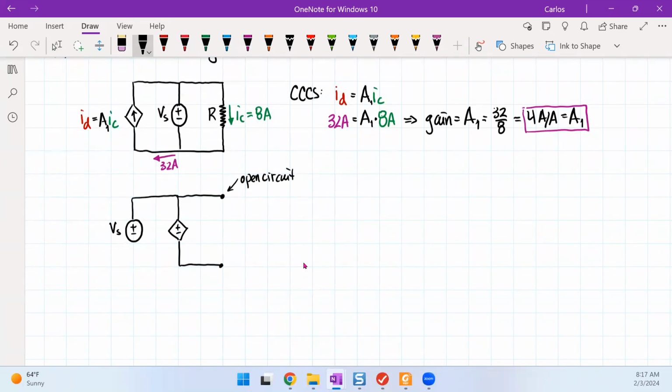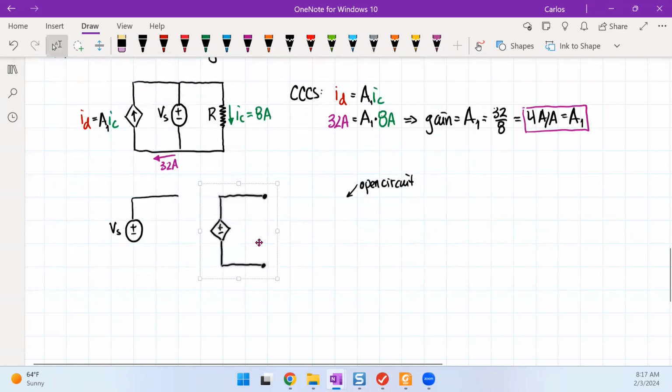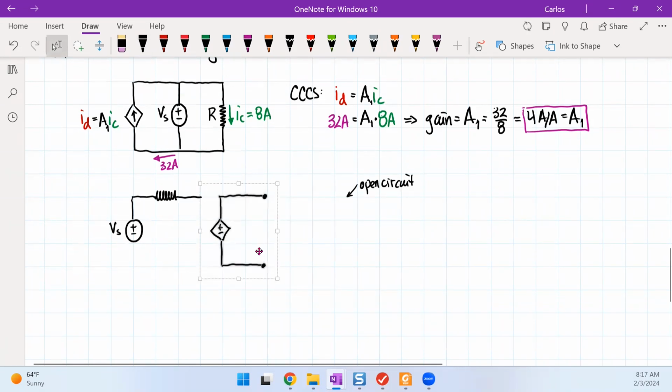So, oh, I made a mistake. I need to add something. So I'm going to have to move this stuff over here. What ends up happening is I need to put in a resistor right here. Now I can connect my circuit. So my circuit now looks like this.